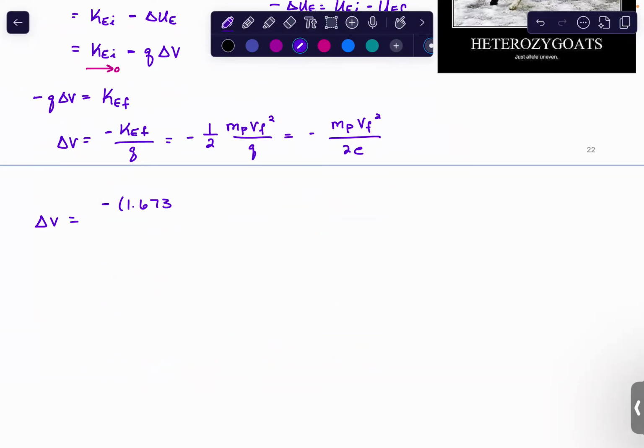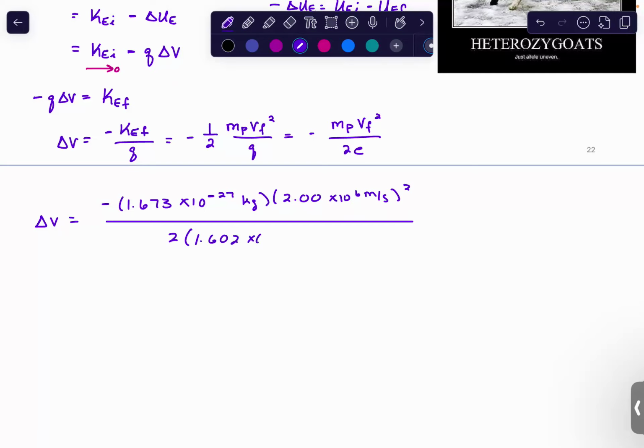So the mass of our proton, our velocity, and the elementary charge give the potential difference that the proton accelerates through: 20,886 volts, or about 20.9 kilovolts.